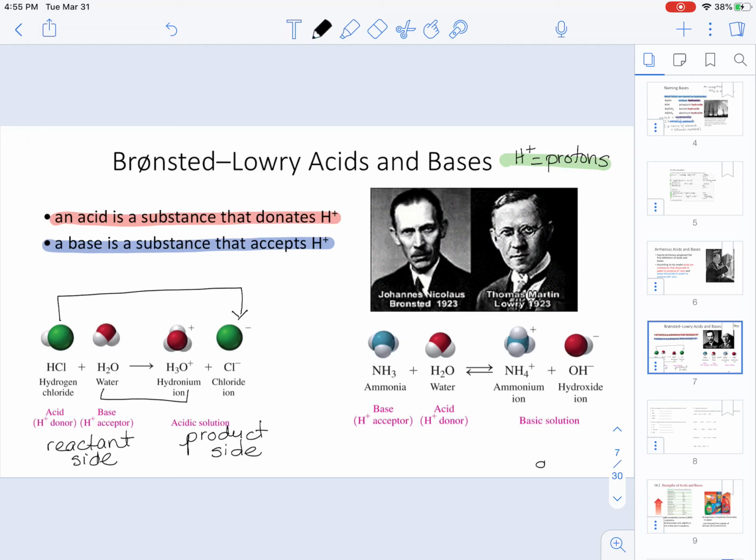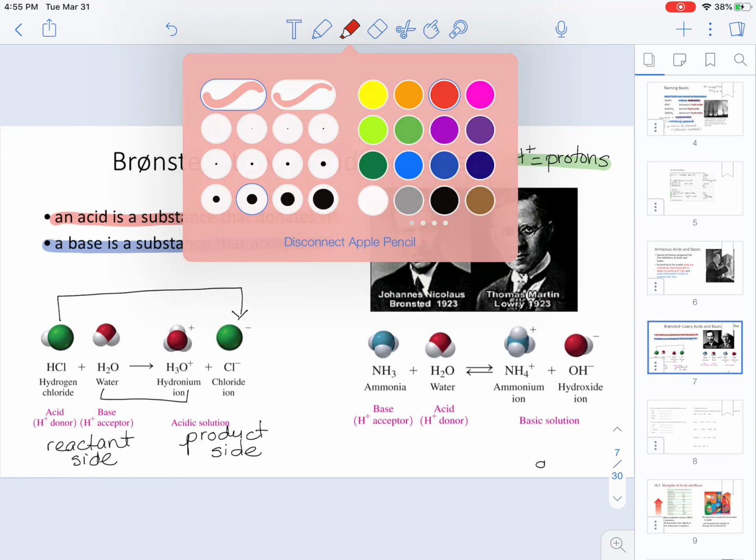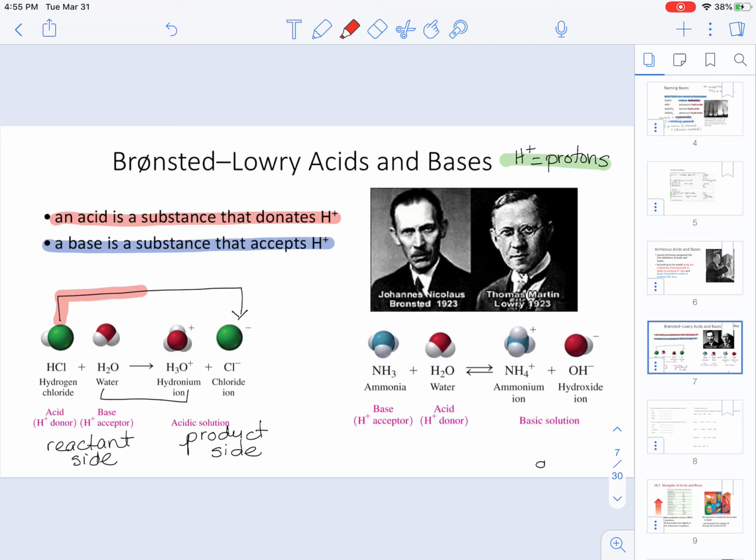So, as you can see, HCl is my acid. When HCl is acting as an acid, we have to give a name to that chloride ion. So, when we're talking about pairs, since HCl is the acid, that Cl minus or chloride ion that is formed is called the conjugate base of the acid.